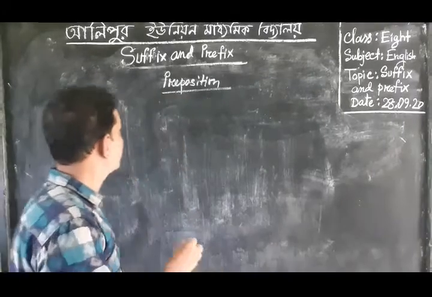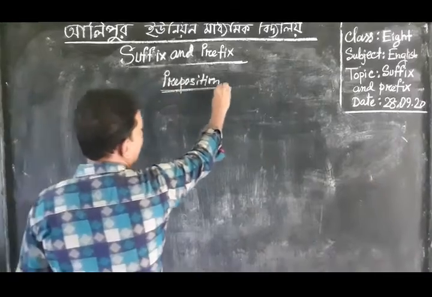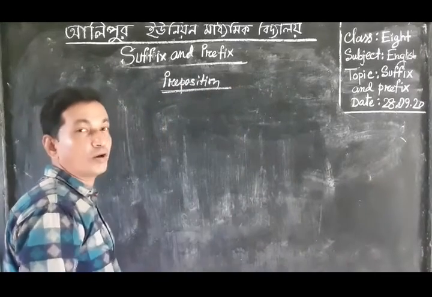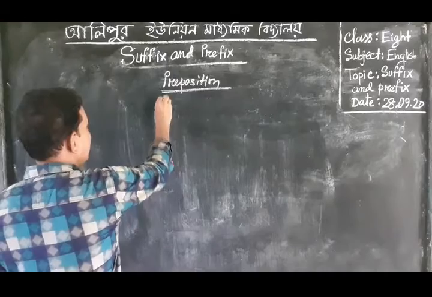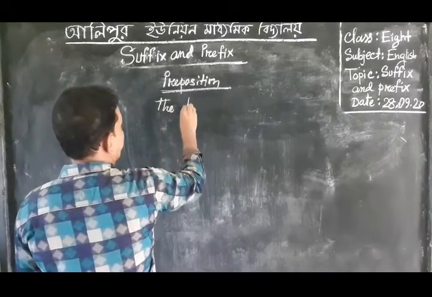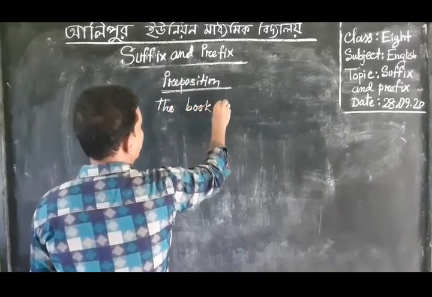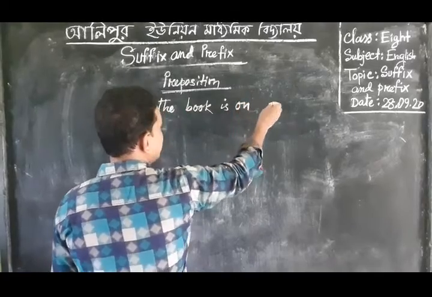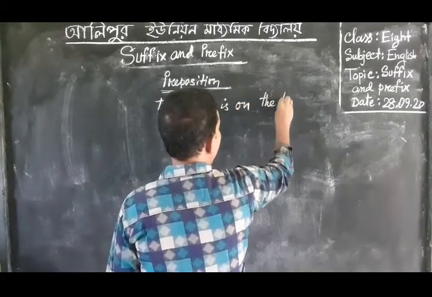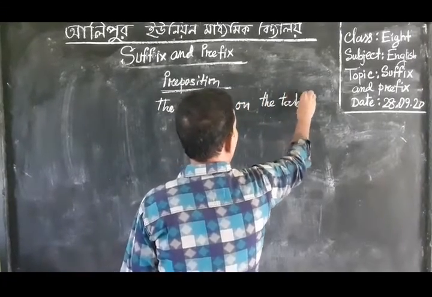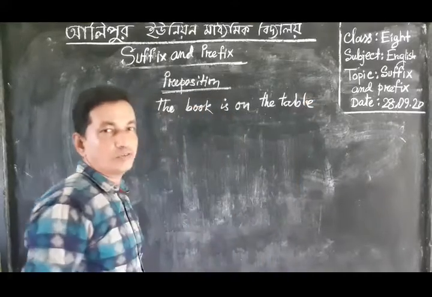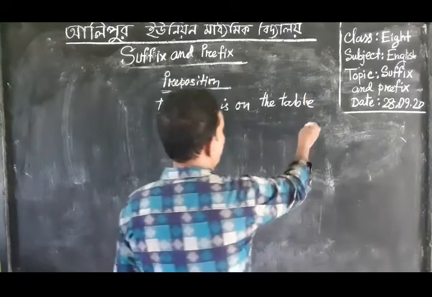Preposition is a very little word, and it sits before a noun or noun equivalent, such as: the book is on the table.